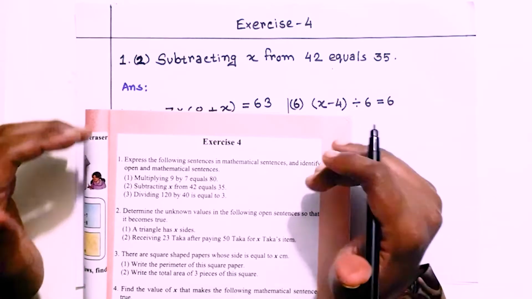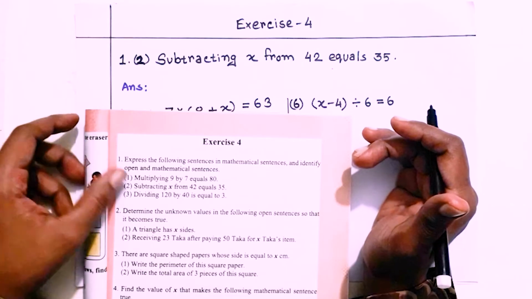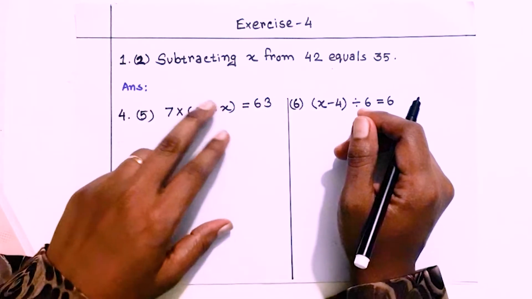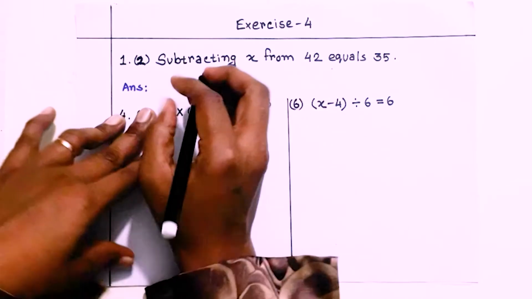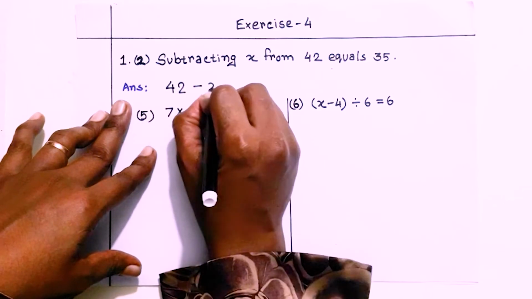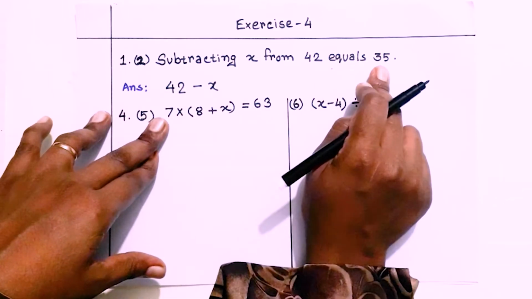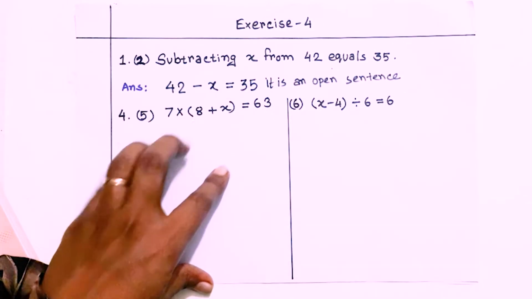First we will write the mathematical sentence. That means x is subtracted from 42, so we can write 42 subtract x is equal to 35. So, it is an open sentence.